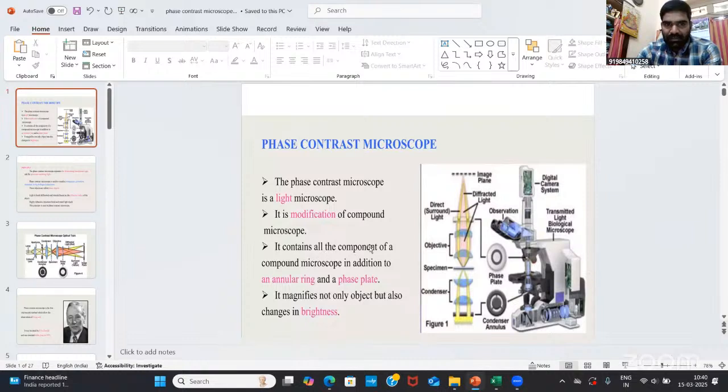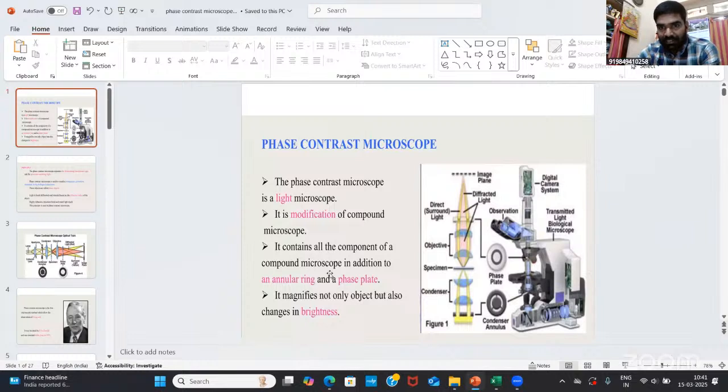It contains all the components of a compound microscope in addition to an annular ring and a phase plate. It magnifies not only the object but also changes its brightness, so it magnifies the object and can also brighten the sample.